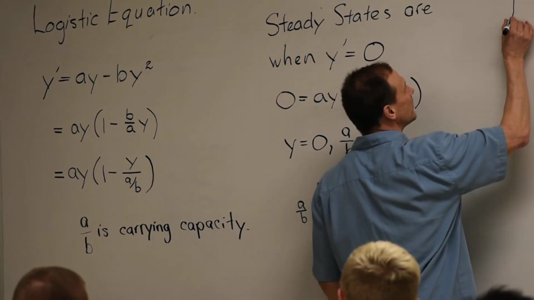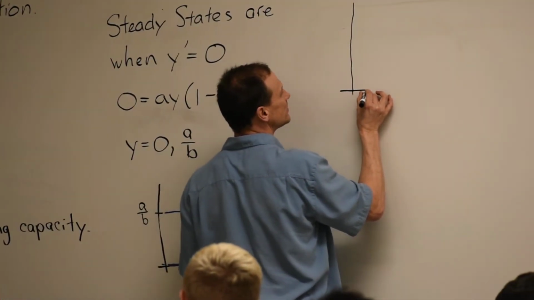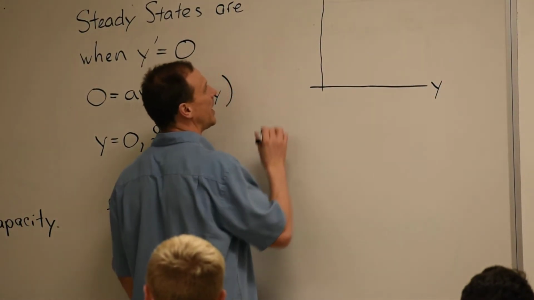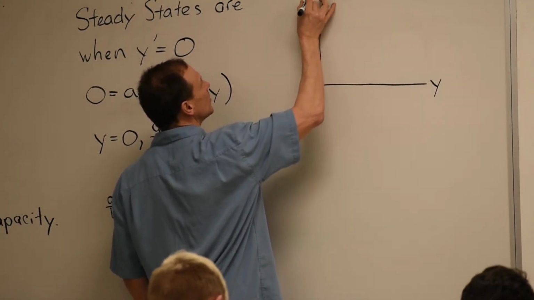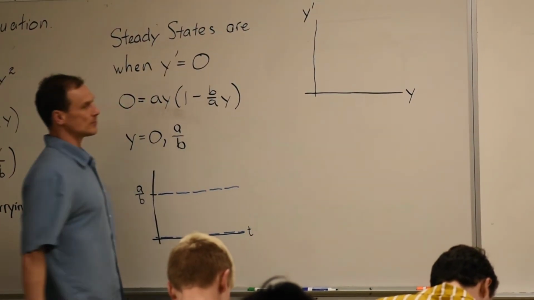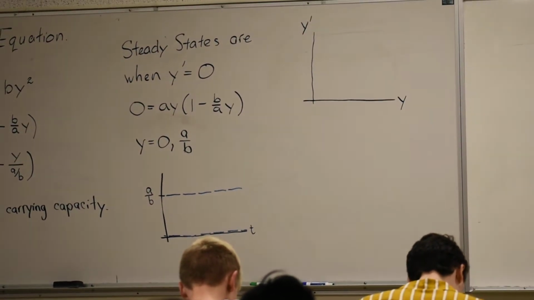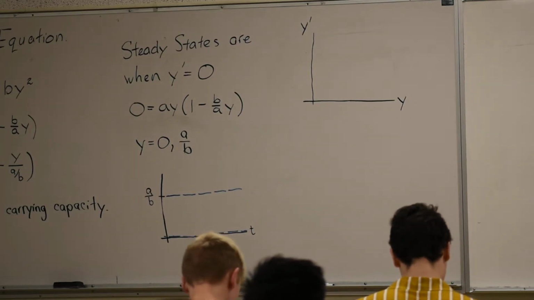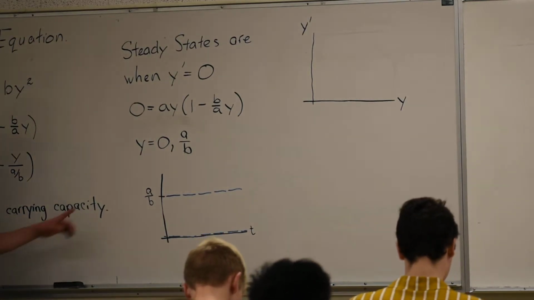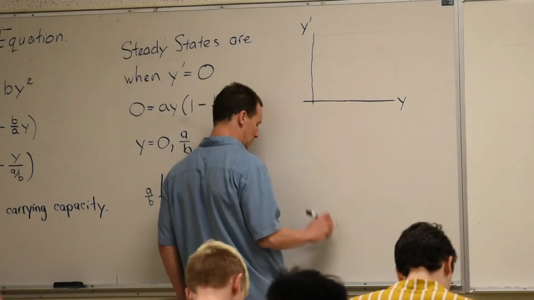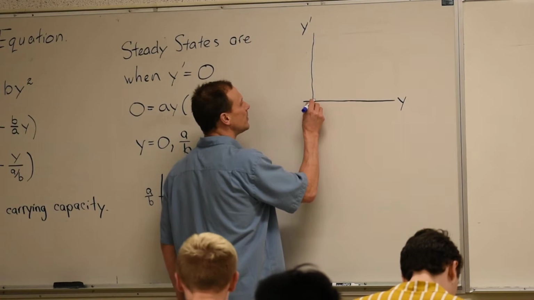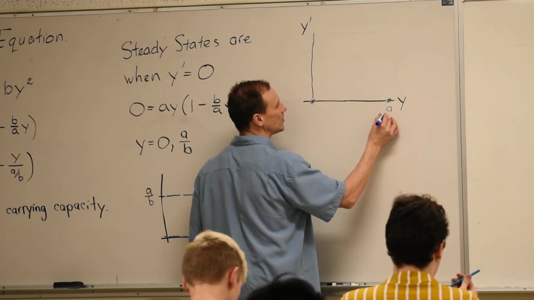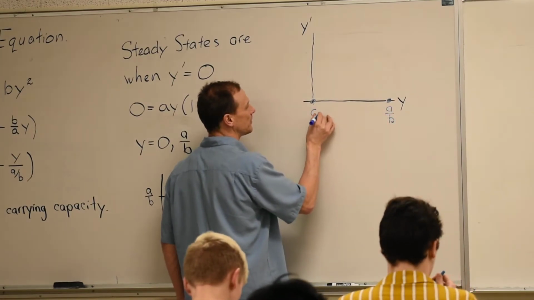Let's make a quick graph, with y on your horizontal axis and y prime on your vertical axis. We already know our roots. I'm going to put my roots up here in blue. My zeros are here and here. So this is a over b, and this is 0.